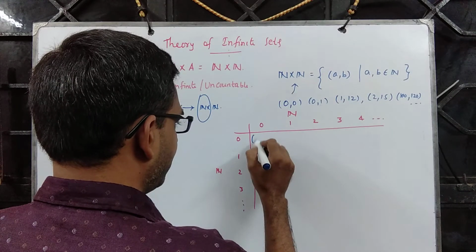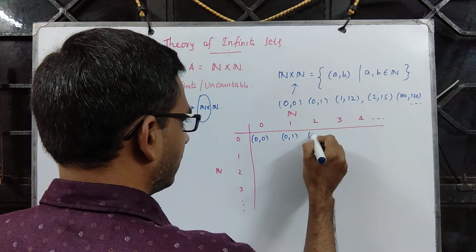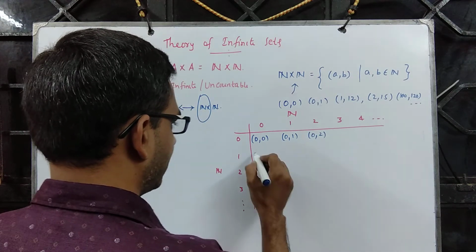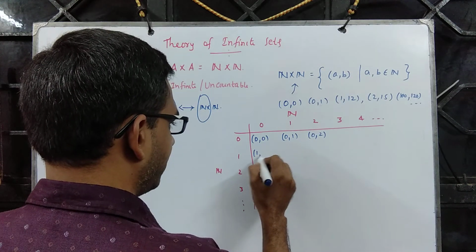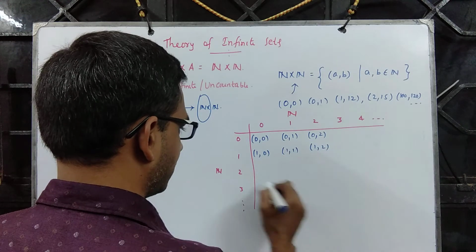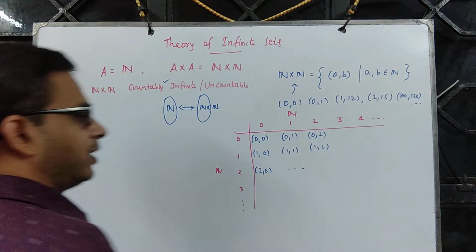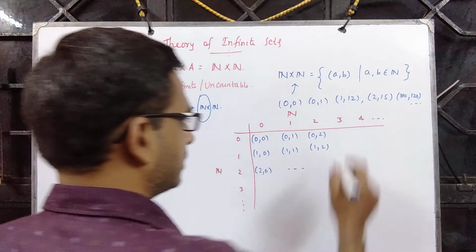And this will tell you (0,0), (0,1), (0,2) and so on. This will tell you (1,0), (1,1), (1,2) and so on. This will tell us (2,0) and so on. Like this it goes.